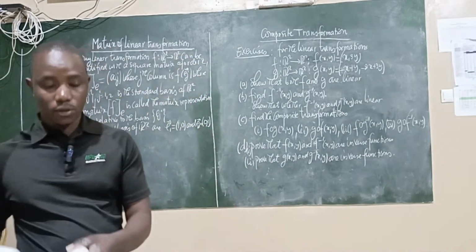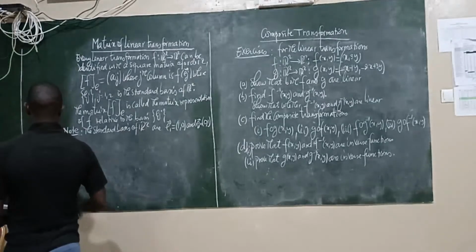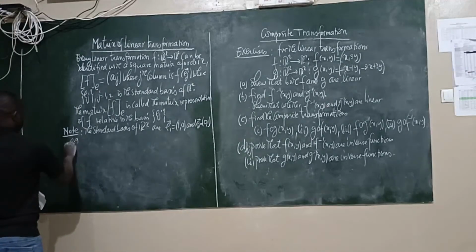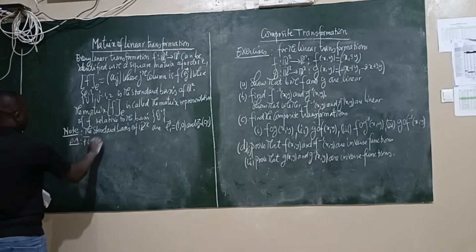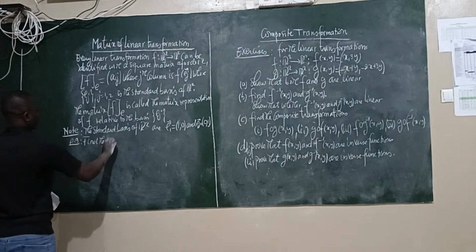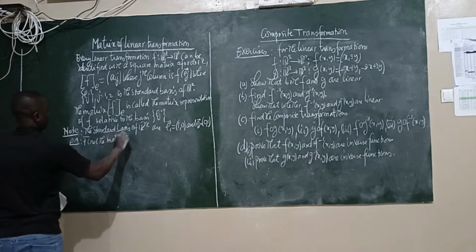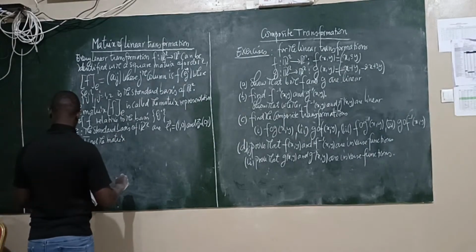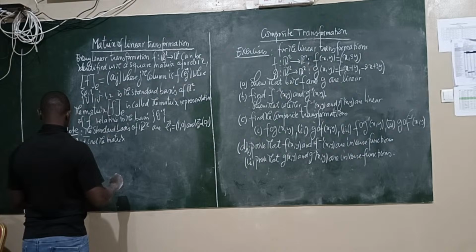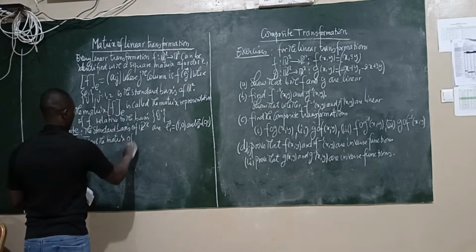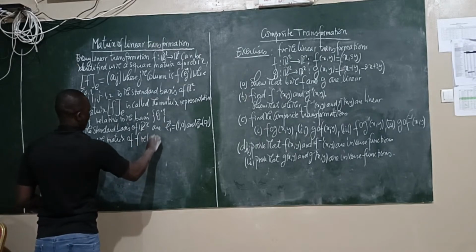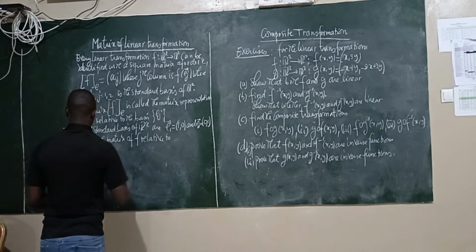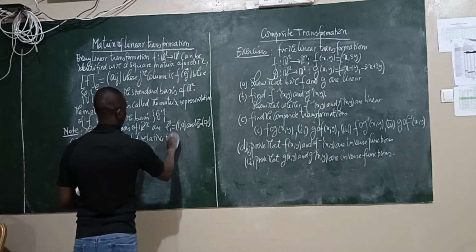Now, let's have one simple example. Find the matrix representation of F, the matrix of f relative to the standard basis.